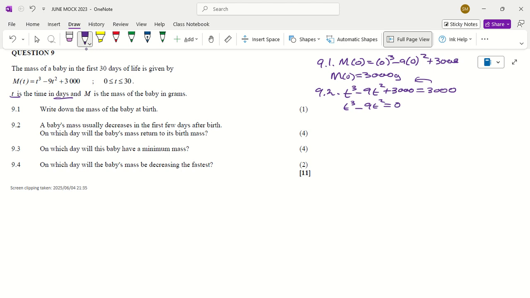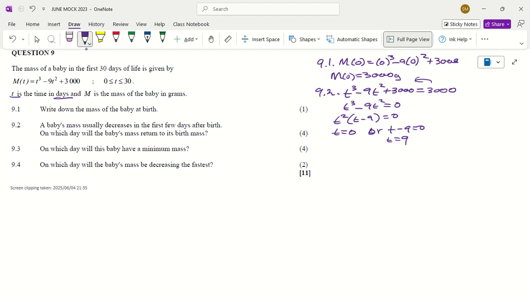Then now the common factor is t to the exponent 2 and now we have t minus 9 is equal to 0. So we'll have t squared is equal to 0, meaning we can root both sides and then t is equal to 0. Then the next one we can have is t minus 9 is equal to 0, so meaning that t is equal to 9.